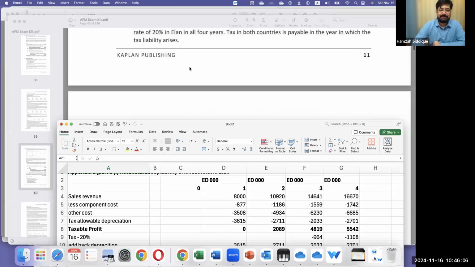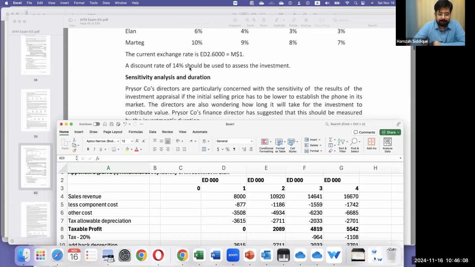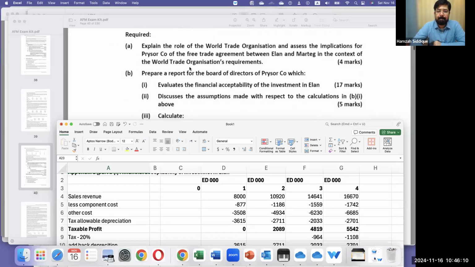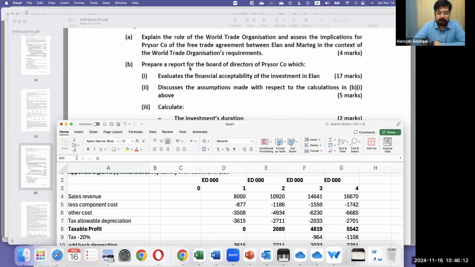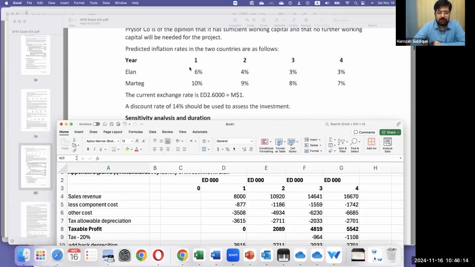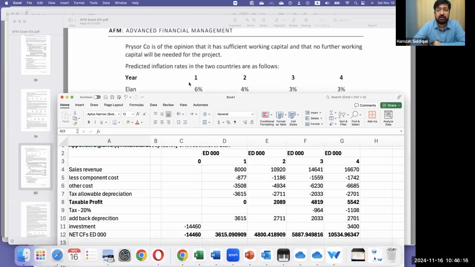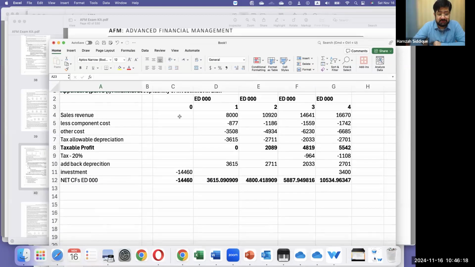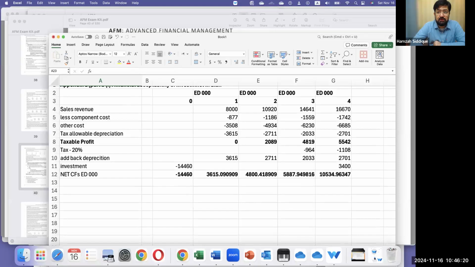The next point is, now, these cash flows have to be remitted. These cash flows have to be remitted. So I will write here Martic dollars 000.